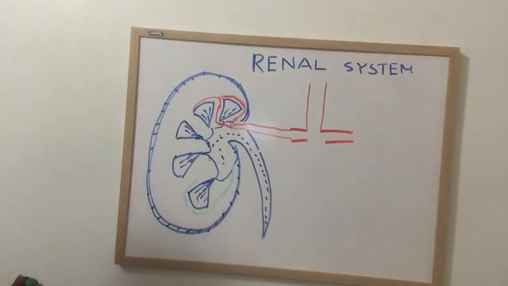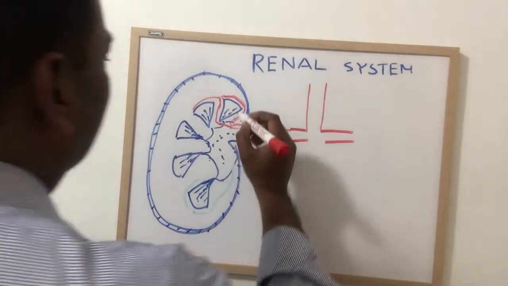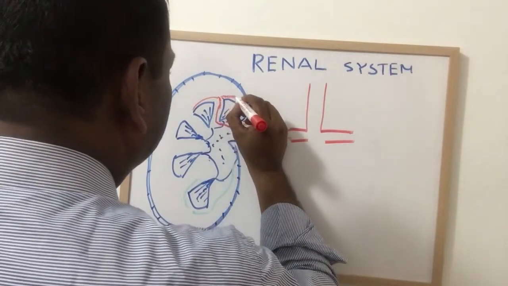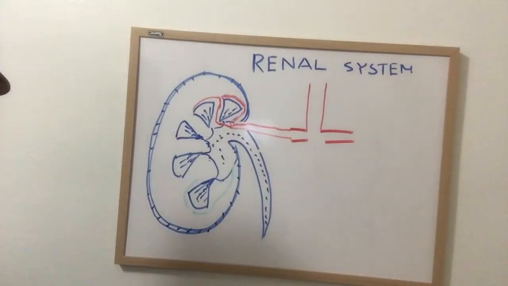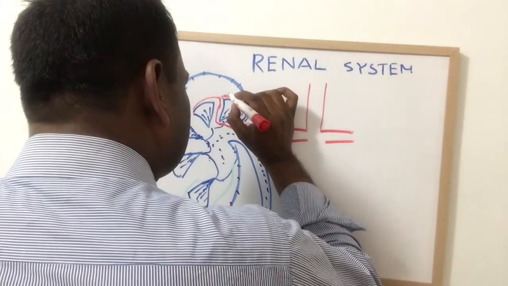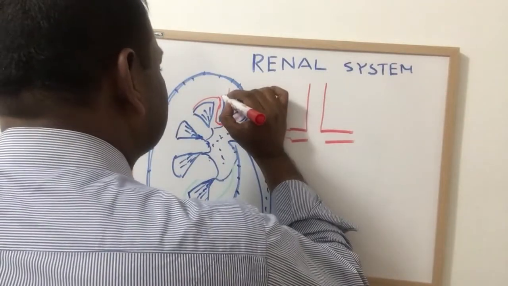Okay, that's a different story. Now see, this arcuate artery is on top of the medulla around the cortex area, and it turns into efferent arteries.